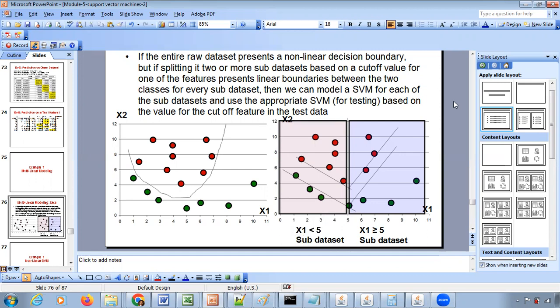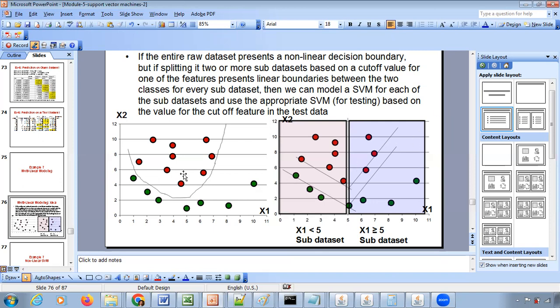Again, here we have only 2 classes, so it's not a multi-class classification, it's just binary classification. But we don't have one model to do the classification. We are building 2 models. That's the idea here. We could extend it to multiple models as well.